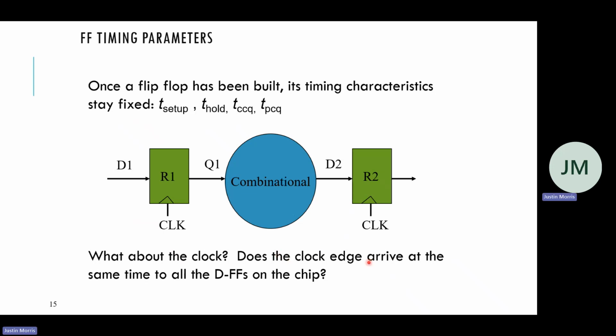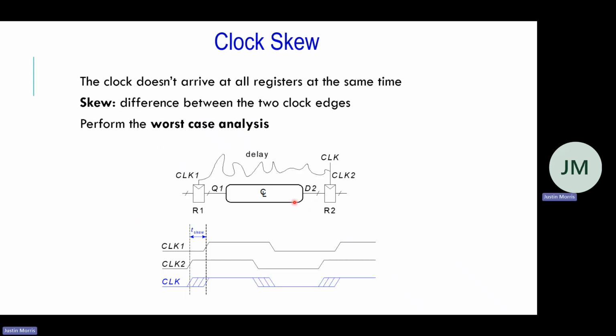So these clock edges do not actually arrive at the exact same time, right? This is what we call clock skew. It's the difference between the two clock edges.